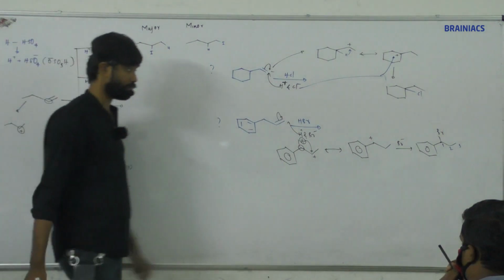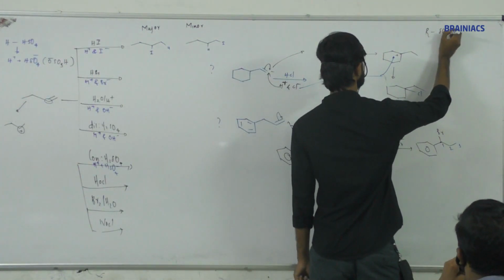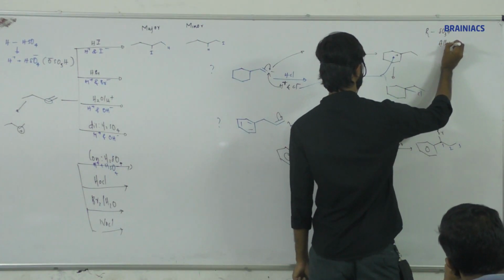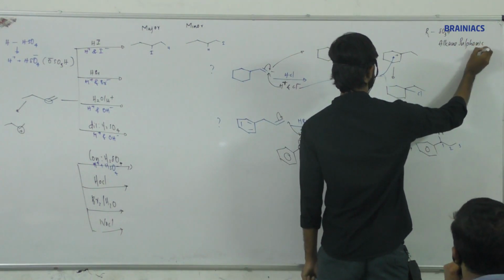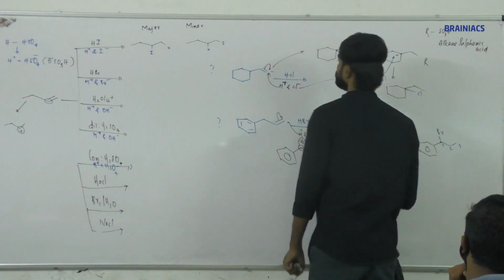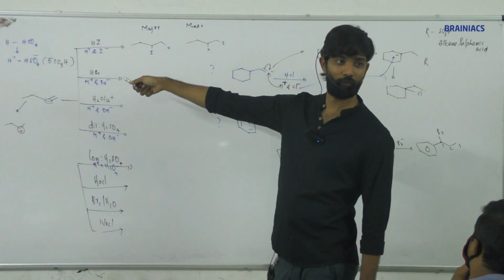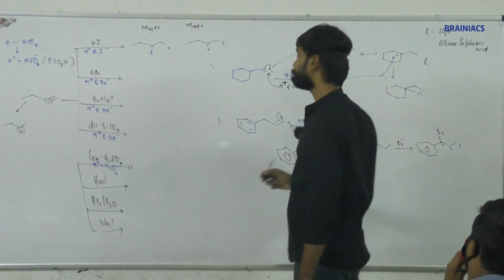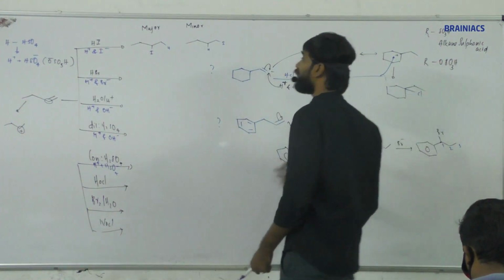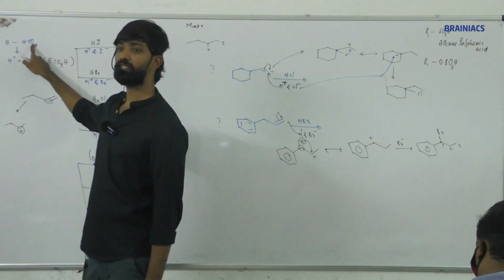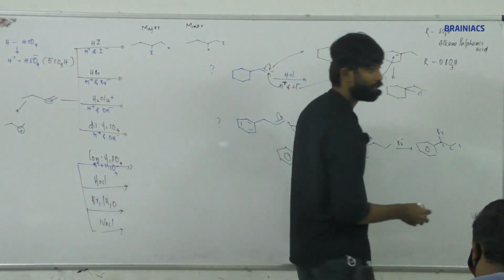There is a difference. Listen. Here the negative part is not SO3H, it is OSO3H. That is entirely different. Here it is ROSO3H. This is hydrogen sulfate. You know, H plus and HSO4 minus is hydrogen sulfate, or bisulfate.